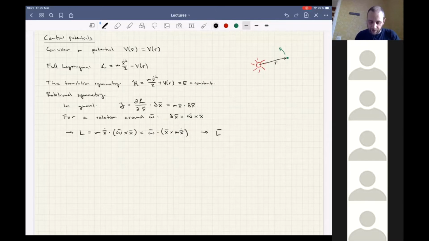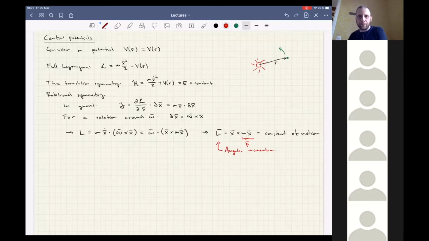So I'm going to call it L vector, which is x cross m x dot, is a constant of motion. And of course, you recognize this if I just write that this is the physical momentum p. This is x cross p, so this L here is the angular momentum. Okay, and so due to our rotational symmetry, this angular momentum is conserved.